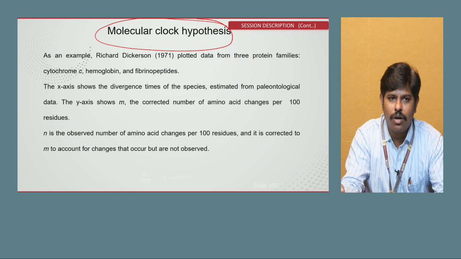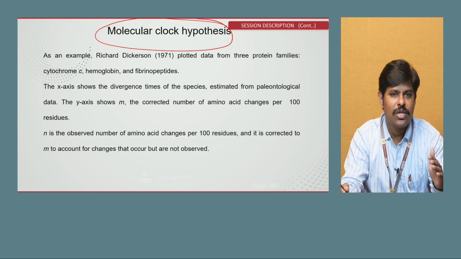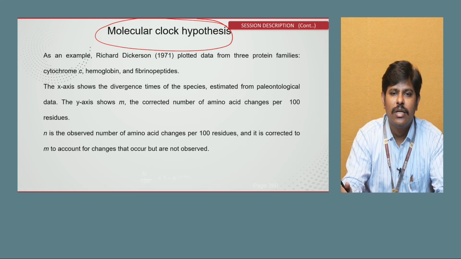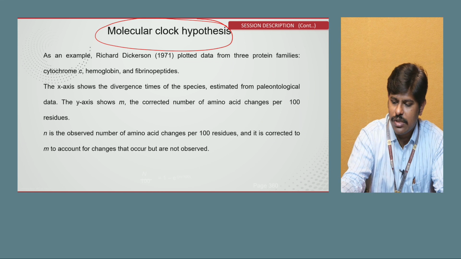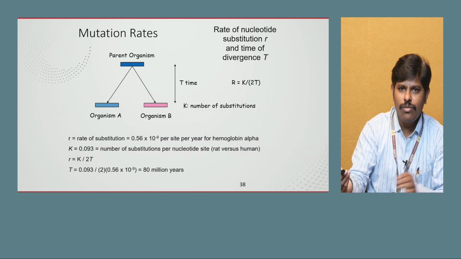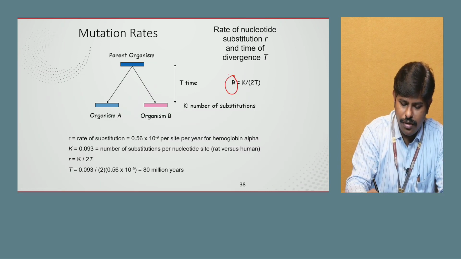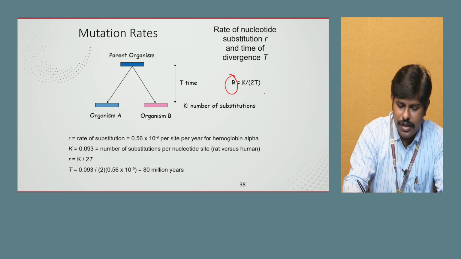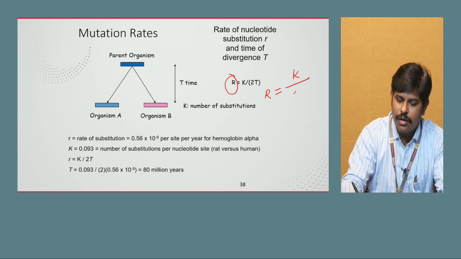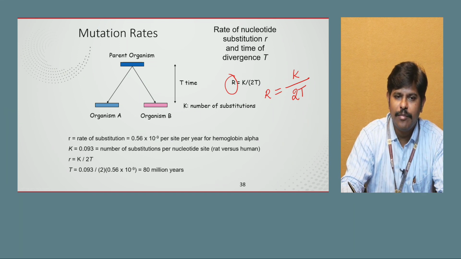The molecular clock hypothesis is simply based upon the number of mutations per 100 amino acid residues in homologous proteins or closely related proteins. The idea is very simple. The rate of nucleotide substitution, or the rate of mutation, can be given as the number of mutations per 100 characters divided by 2 times the time in million years.